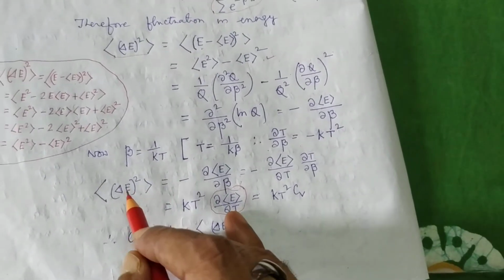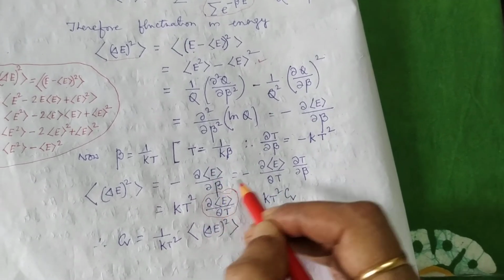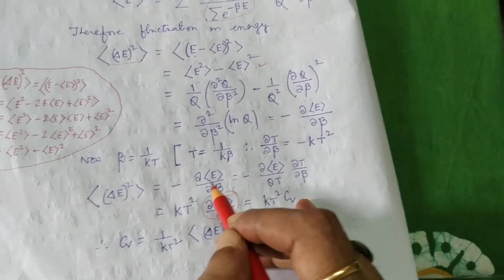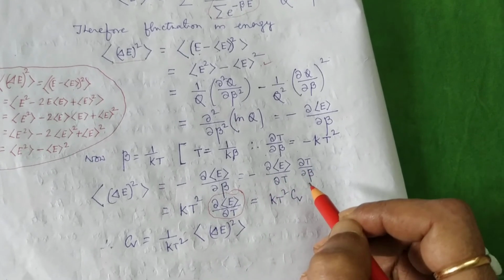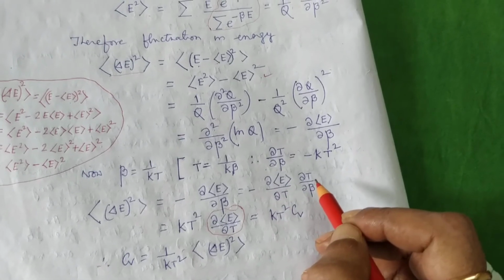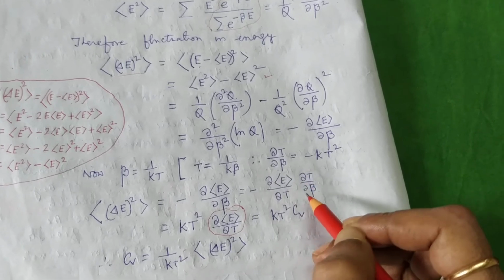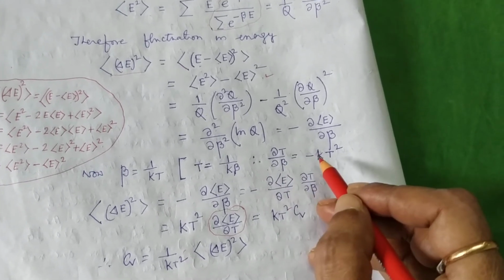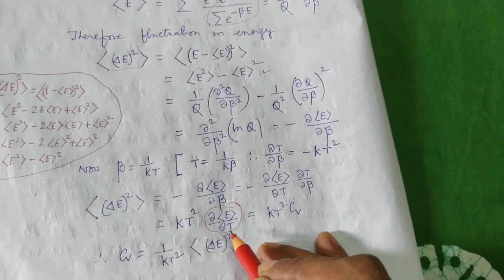Hence the average of del E square equals minus del E average del beta, which equals minus del E average del T into del T del beta. We have already proved earlier that del T del beta equals minus kT square. So this becomes kT square del E average del T.